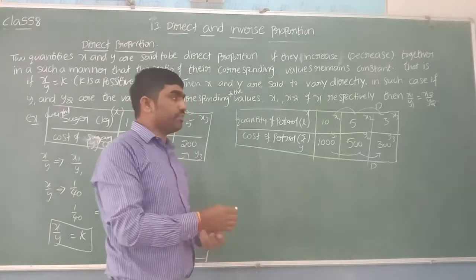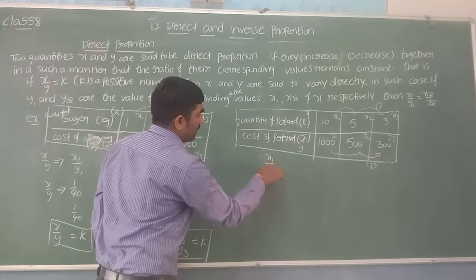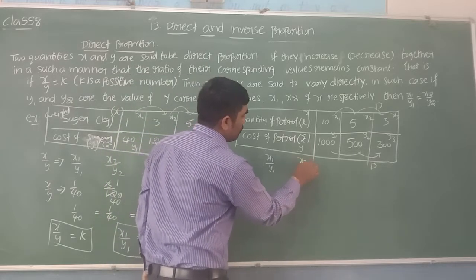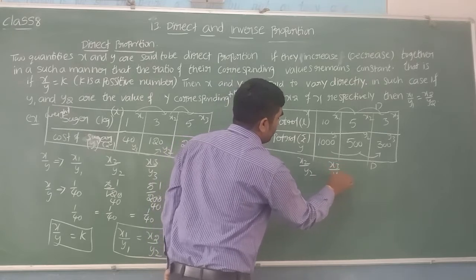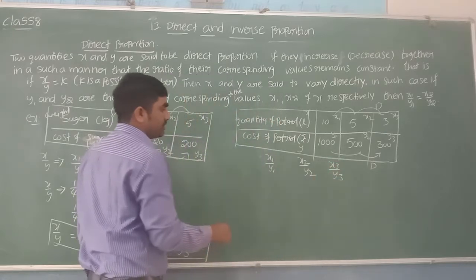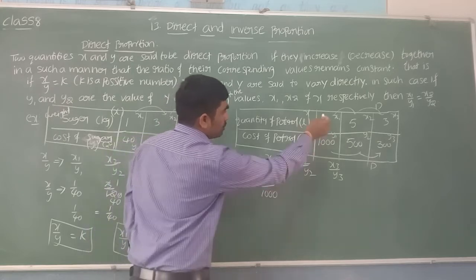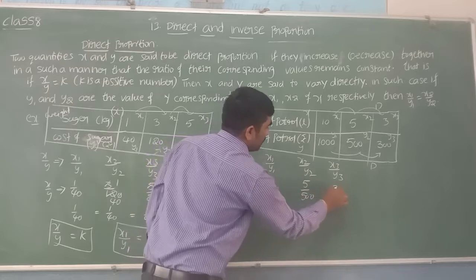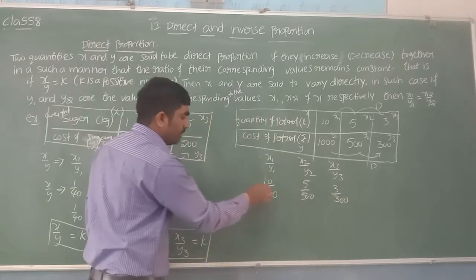Ratio means comparison by division method. 10 by 1000, 5 by 500, 3 by 300. Let us write the simplest form.